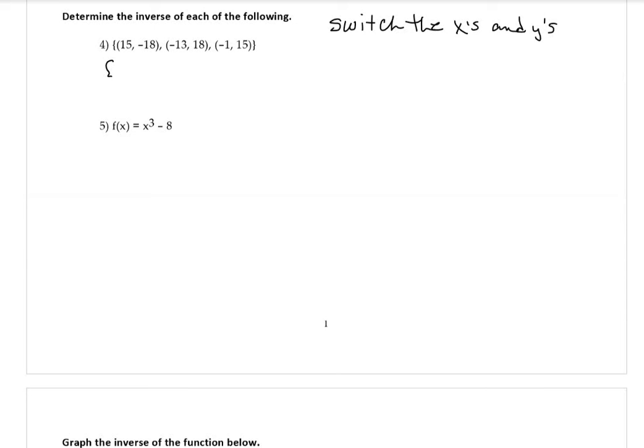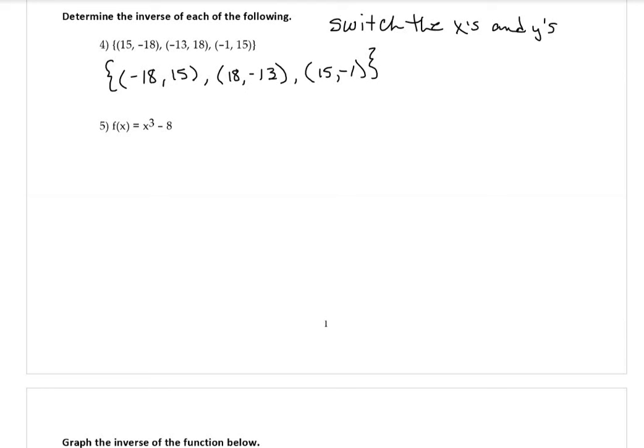So in my set here, I have -18, 15. It's my first ordered pair. And then I'm going to have 18, -13. And then 15, -1. And that takes longer to type into the computer than it actually is to do.